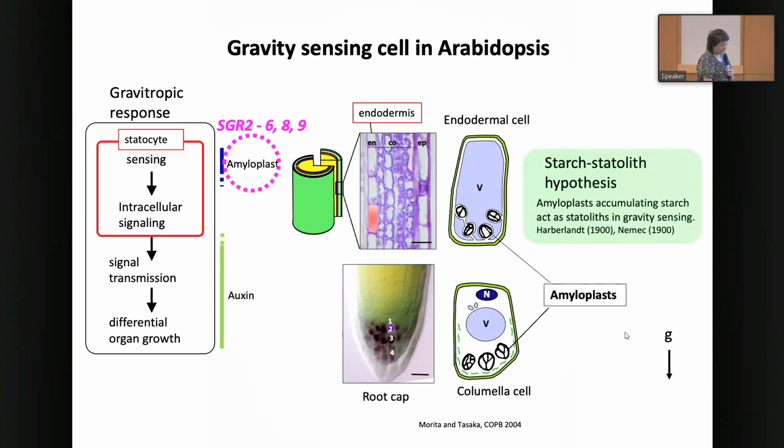And when I started my research on gravitropism in Masao's laboratory, a lot of genes involved in gravitropism had already been reported, and the molecular mechanisms of the auxin-related process had been extensively studied.